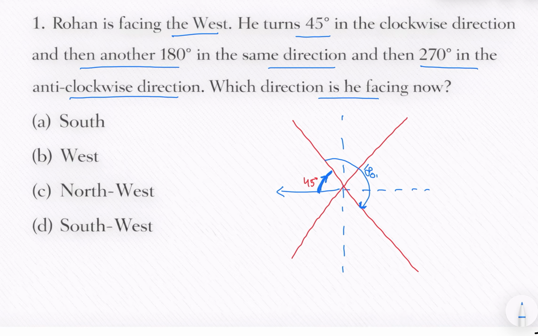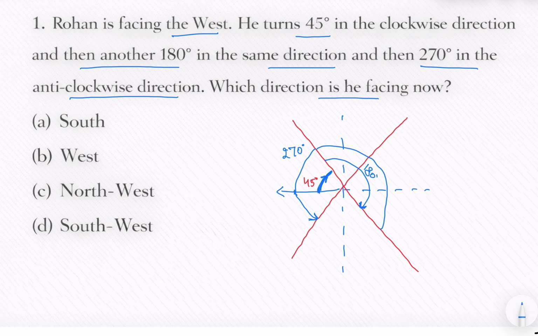Then in the same direction, then 270 degrees in the anti-clockwise. Now he will make an anti-clockwise turn, that is 270 degrees. 180 is this, plus 45 degrees is this. 180 plus 45 is 225 degrees, plus 45 degrees. This will be 270 degrees.